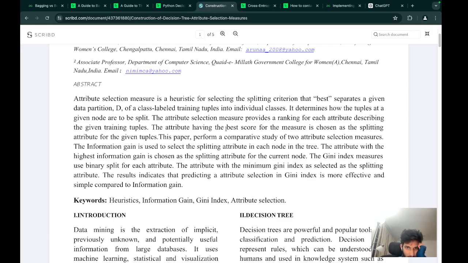The information gain is used to select the splitting attribute in each node in the tree. The attribute with the highest information gain is chosen as the splitting attribute for the current node. The Gini index measures use binary split for each attribute. The attribute with the minimum Gini index is selected as the splitting attribute.